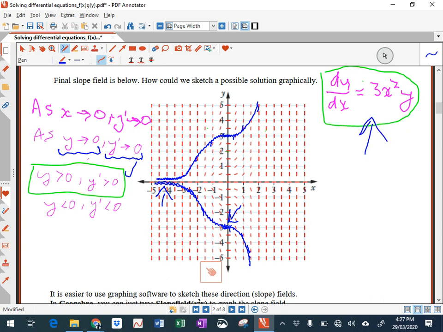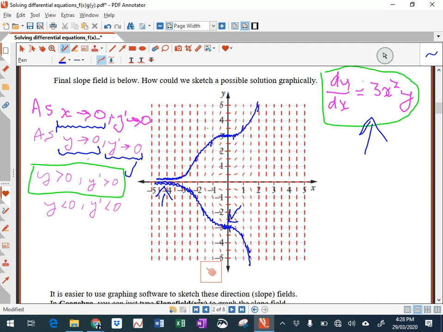Why is there symmetry? There's two cases there basically to sketch, above the x-axis and below the x-axis. To get an understanding, I would look at what's happening not for particular values, but as x approaches those particular values. So as x approaches 0, y dash approaches 0.